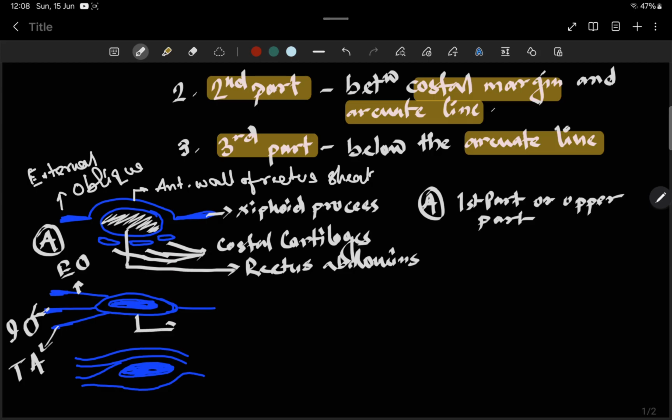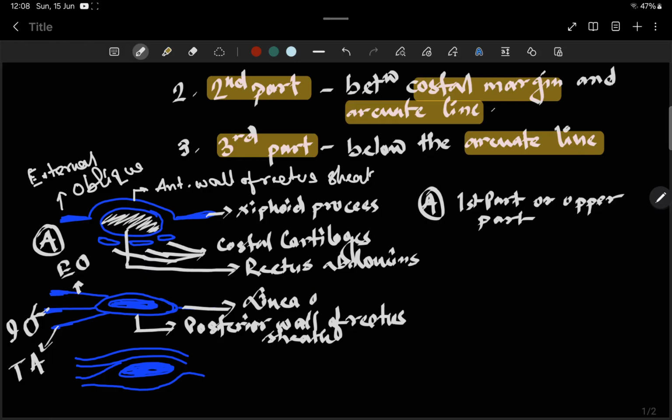This is the posterior wall of rectus sheath. This is linea alba. So this is the second part or middle part.